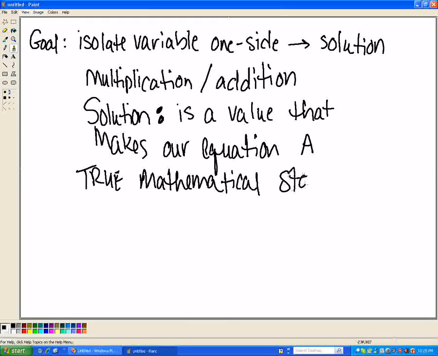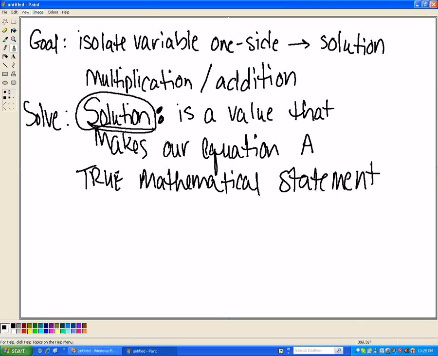This is important because we're going to solve things all semester. When we solve things, we come up with a solution. From now on, when I say solution, what you're looking for is the value of our variable, 9 times out of 10 it's going to be x, that makes it a true mathematical statement. What that means is when we come up with that value for x, we can plug it back in and it makes a true statement.